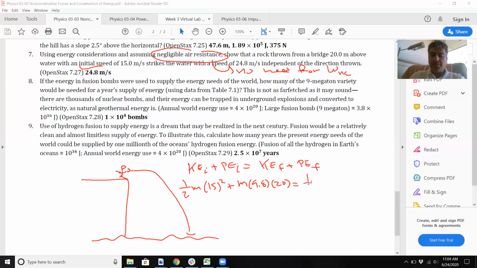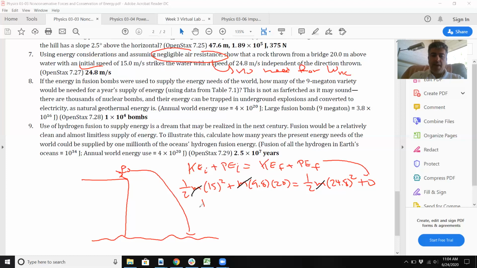So 1/2 m, and you know it's 24.8, so we're going to plug in 24.8. And there's no potential energy because you're now on the water. You've defined potential energy as a height off the water. You're now on the water, so there's no more potential energy. So that's 0. Now all the m's cancel because you see m in every term.